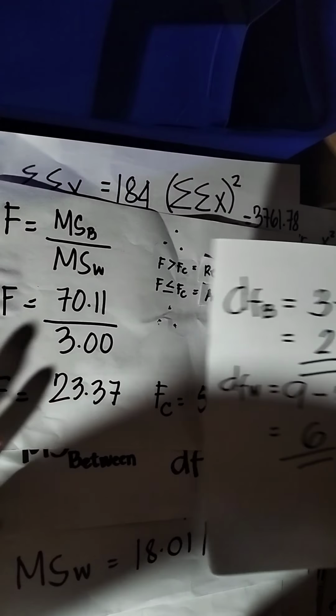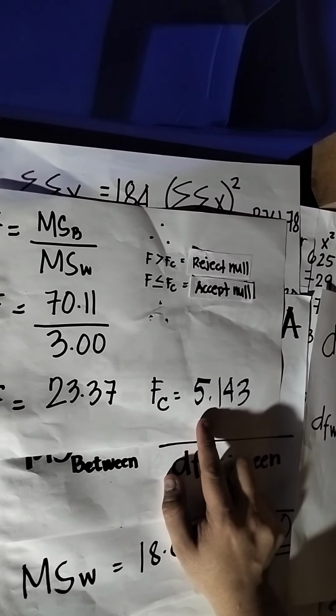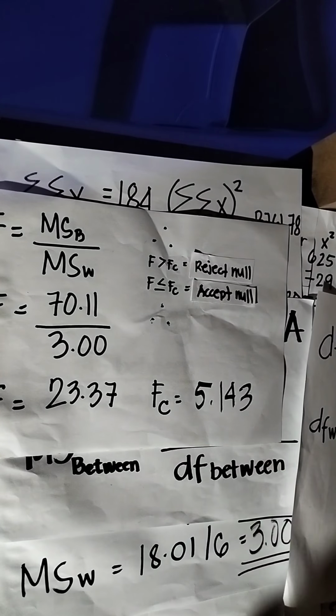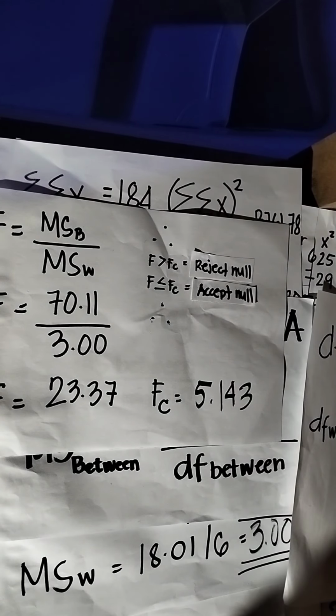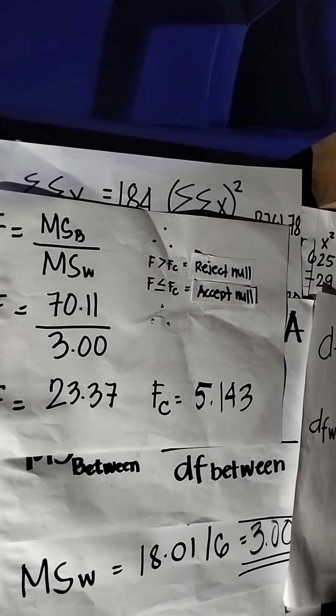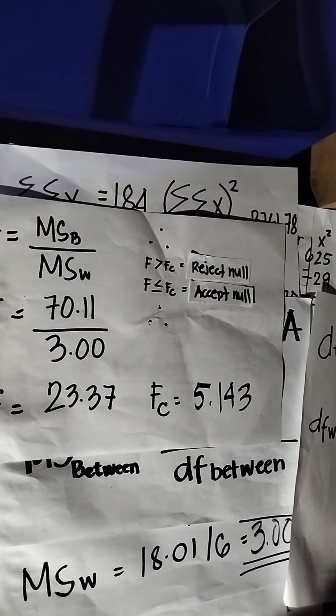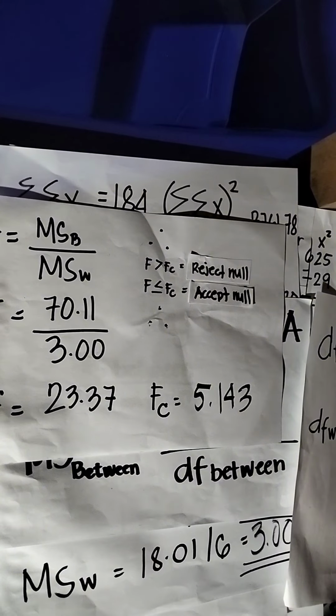Ato na siya gikuha. It turns out na naa tay 5.143. Ato F critical value pag gamiton nato ang alpha na 0.05, which is naa tay 5% margin of error. So we are 95% sure that the result is correct.